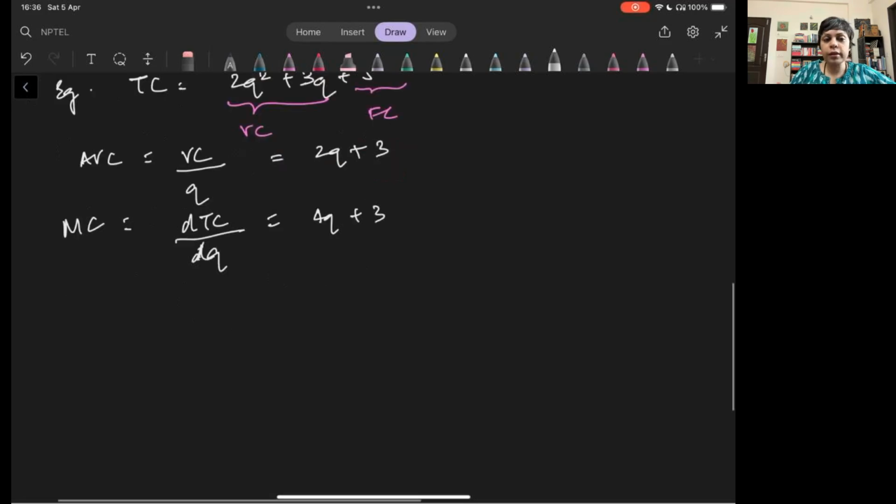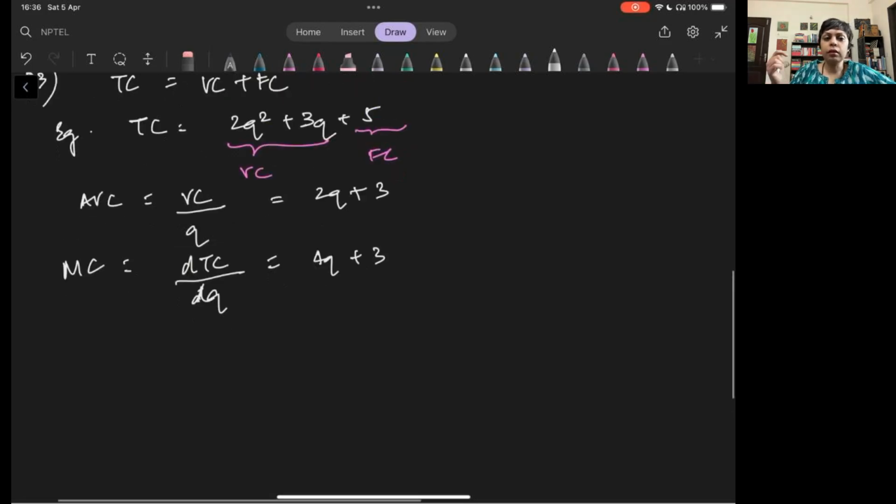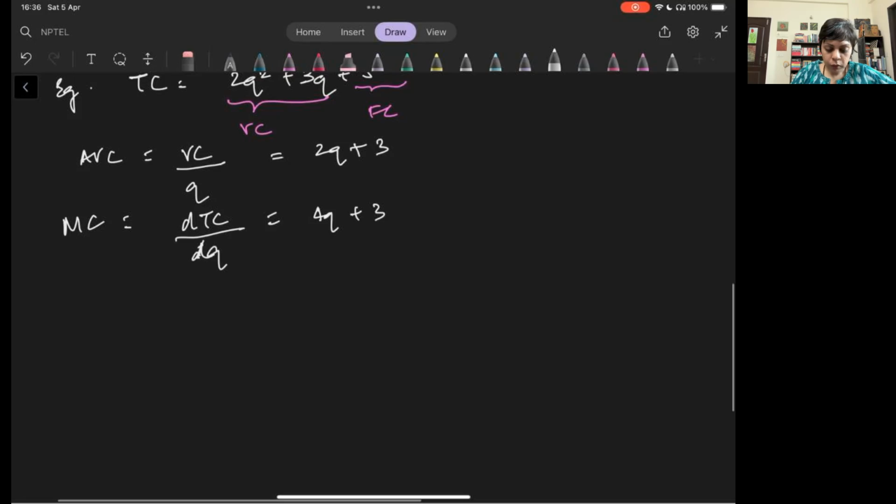Or you can also think of marginal cost as the cost associated with producing one more unit, the next unit, when quantity is Q. So these are all the terms we use.